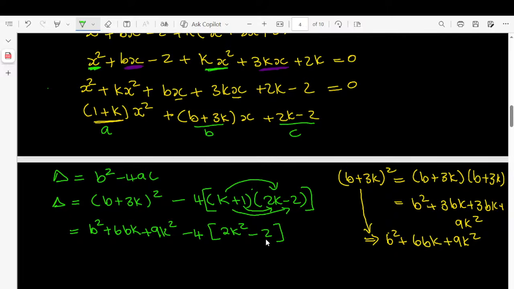So now the next thing is for you to multiply out the bracket with the negative 4. So I'm going to have this as b squared plus 6bk, we add 9k squared minus 8k squared, because we are multiplying out the bracket with the minus 4. Then this will give us positive 8.